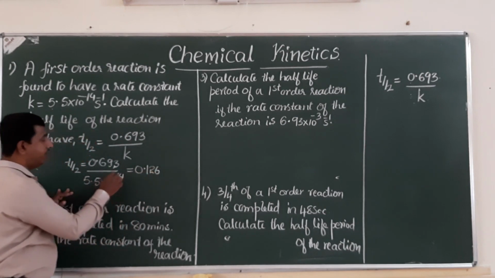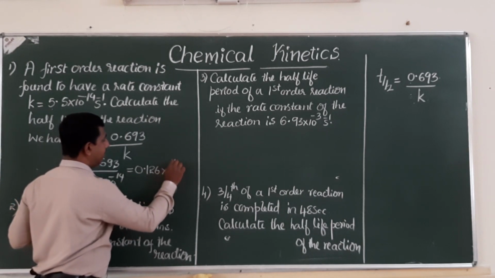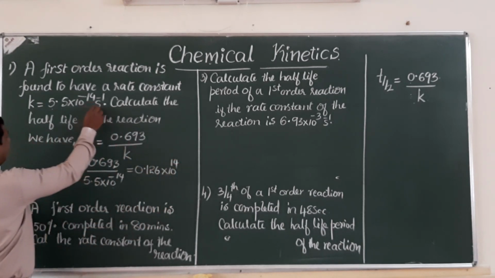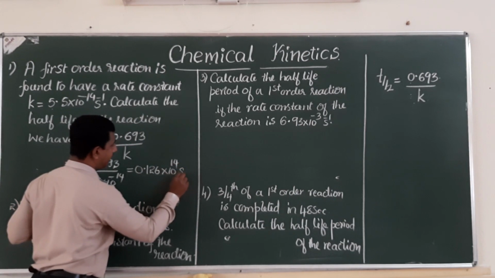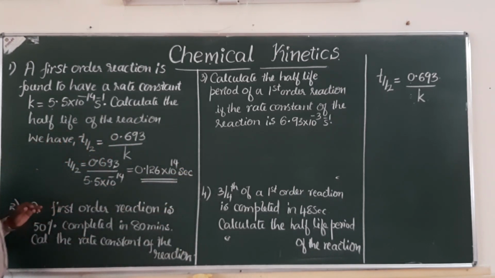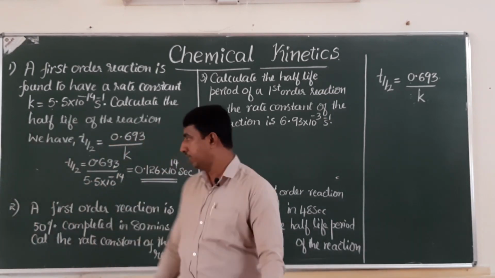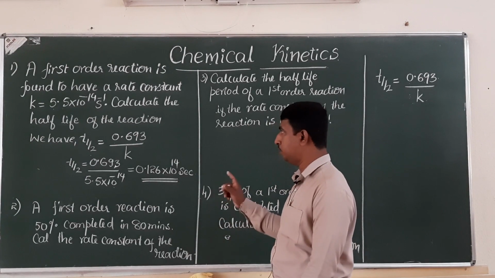Take the 10 to the power minus 14 to the numerator, it becomes 10 to the power plus 14. The unit of K is per second, so the unit of T half, or time, is seconds. So the answer is 0.126 into 10 to the power 14 seconds. That is the first problem.